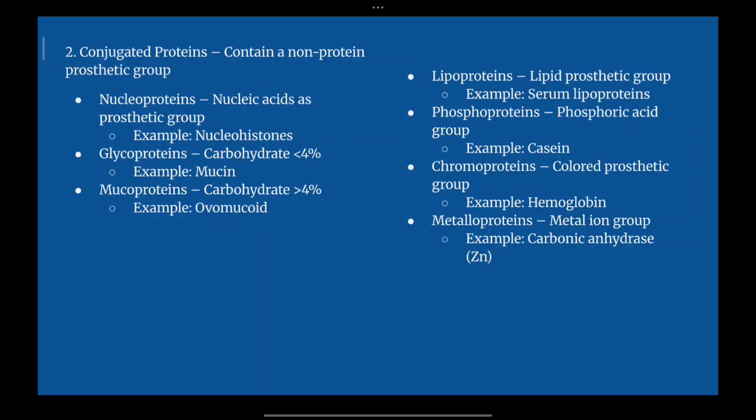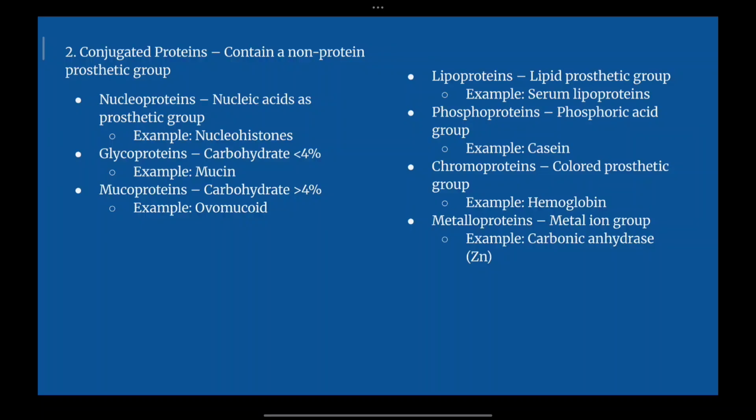Here, the nucleoproteins, glycoproteins, mucoproteins, lipoproteins, phosphoproteins, chromoproteins and metalloproteins are present. The prosthetic group is the group that is attached along with the regular protein chain. So for a protein chain, there is a conjugate or an additional group that is added. So these are called conjugated proteins.